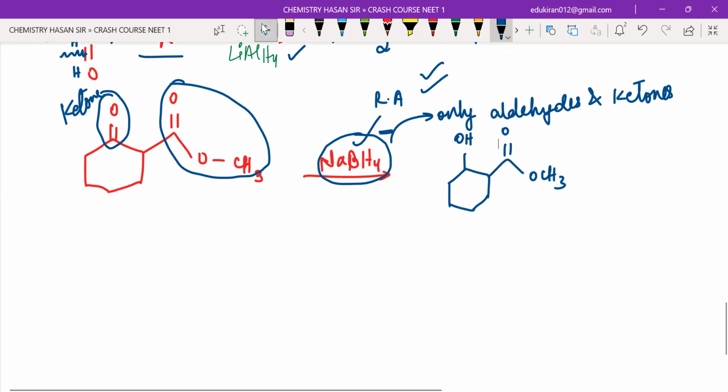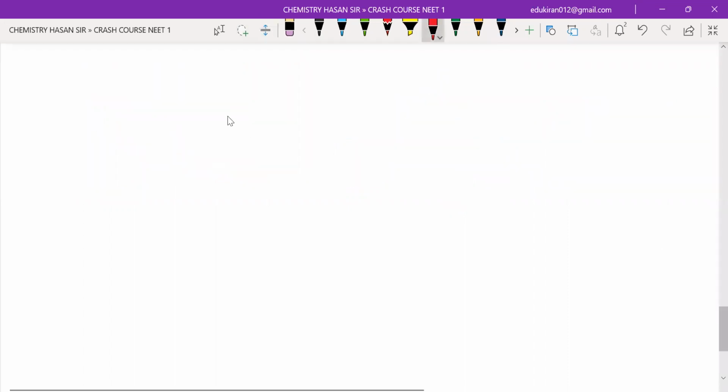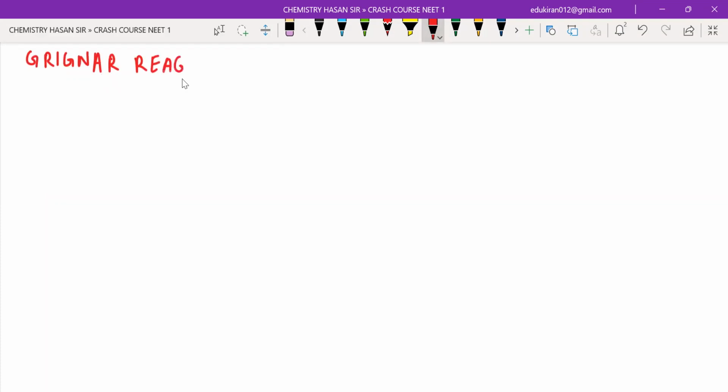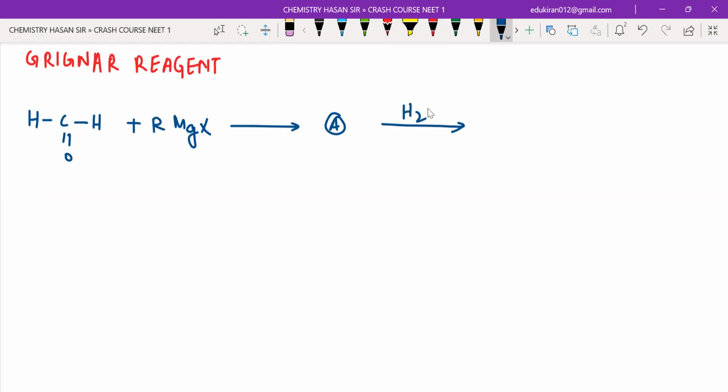Now, if you revise this, can you recall this from Grignard? You are going to react this with Grignard reagent. So if I'm going to give you methanol to react this with RMgX, you will be getting a product A, and then you are going to do the hydrolysis.